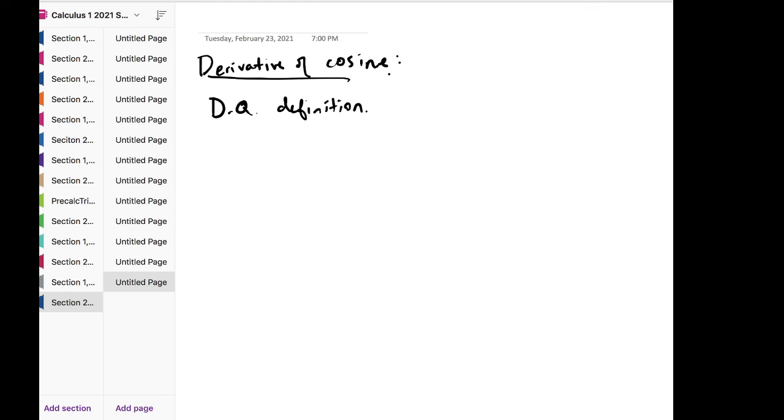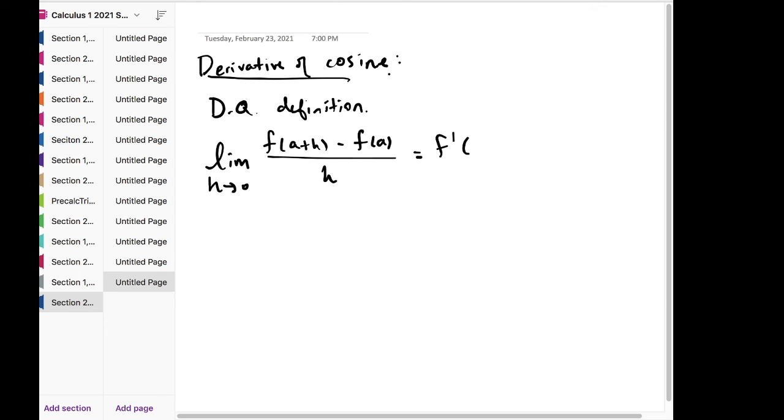So remember the difference quotient definition is the limit as h approaches 0 of f of a plus h minus f of a over h, right? This is equal to f prime of a, right? So let's do cosine. Limit as h goes to 0 of cosine of a plus h minus cosine of a over h.